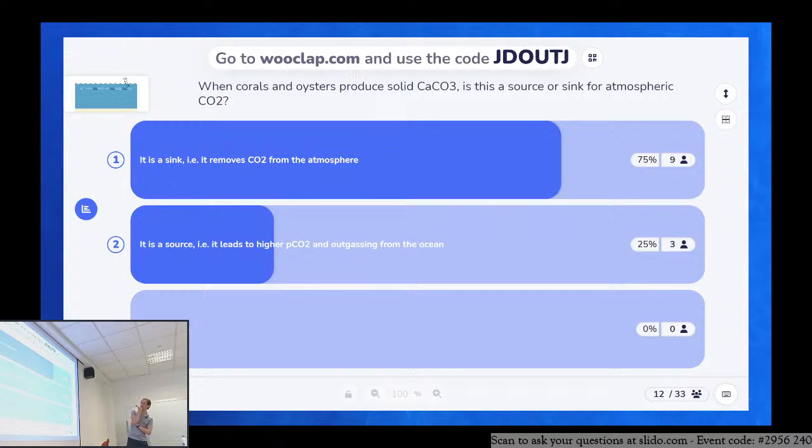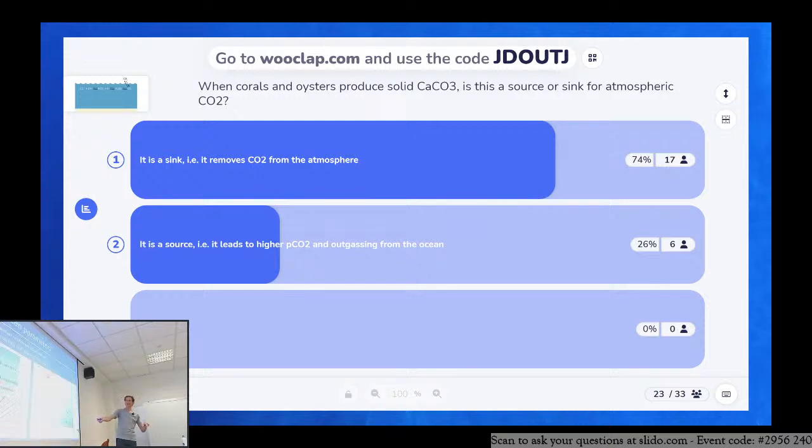I think the sinks are greatly outweighing the sources here, which is interesting because actually number two is correct. You can't directly infer that from the chemical equation at the top.